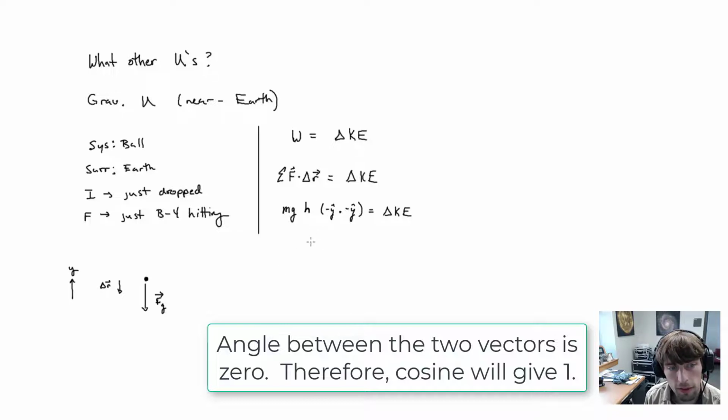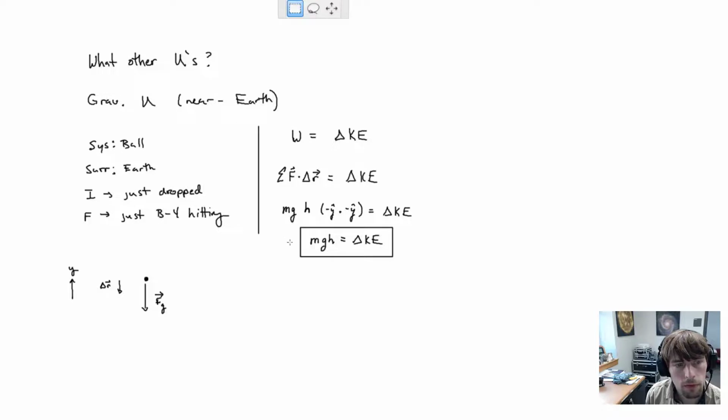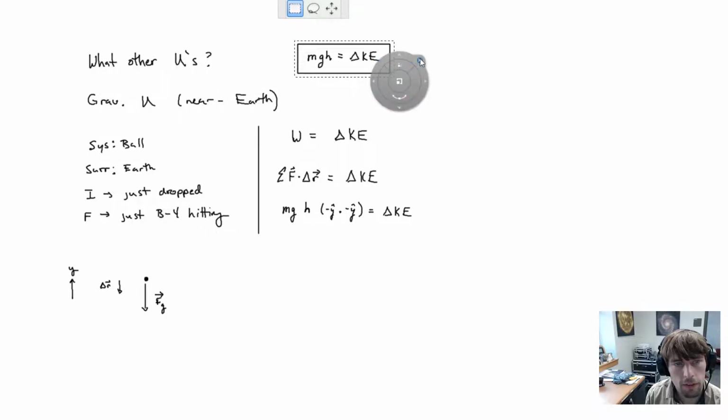And so we get something that says mgh is equal to our change in the kinetic energy. Cool. So we have this.